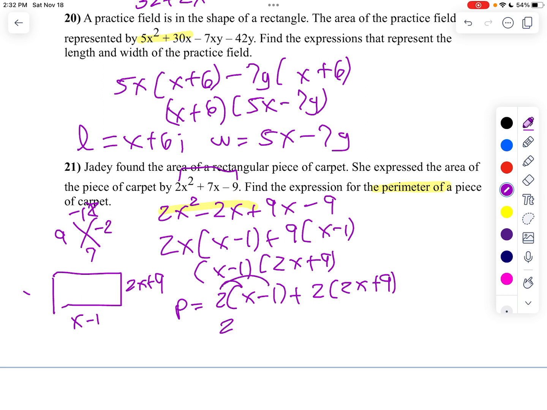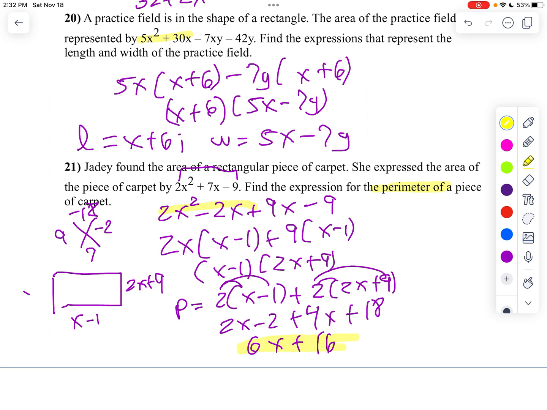So we'll get 2x minus 2 plus 4x plus 18. So we get 6x plus 16 for the perimeter. And they didn't give us any units here, so that's our answer. 6x plus 16.